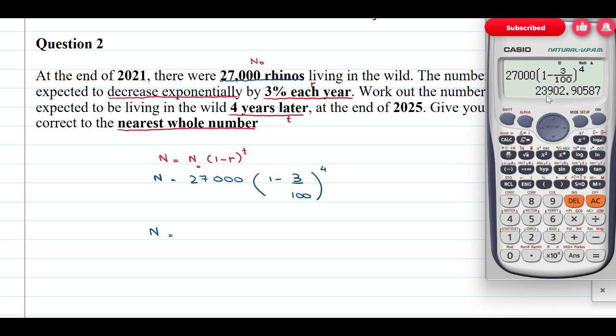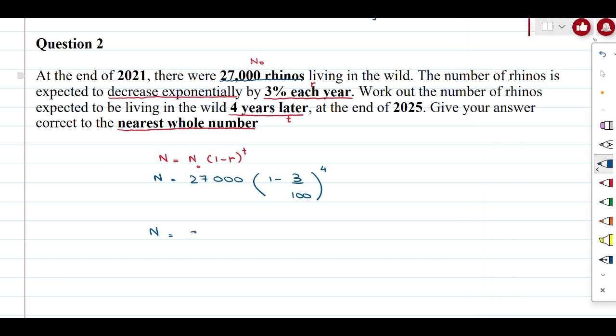Whole numbers are numbers without decimals. The digit after the decimal is 9, so we need to round up, and this becomes 23,903. So there are 23,903 rhinos living in the wild after 4 years, correct to the nearest whole number.